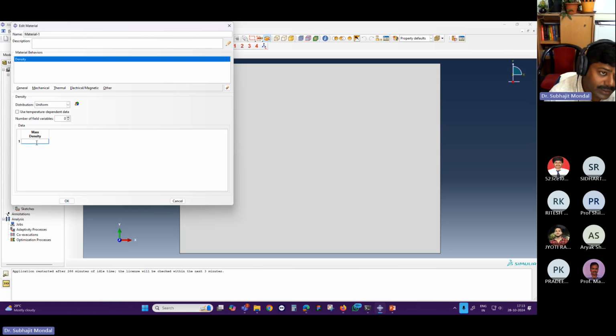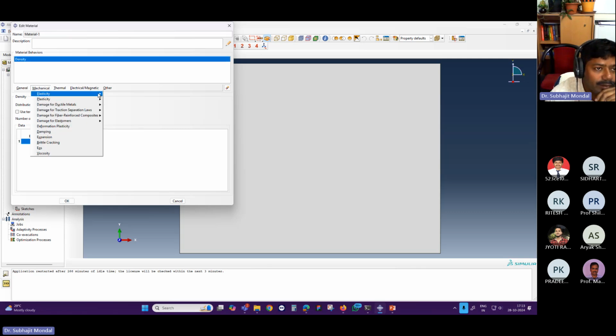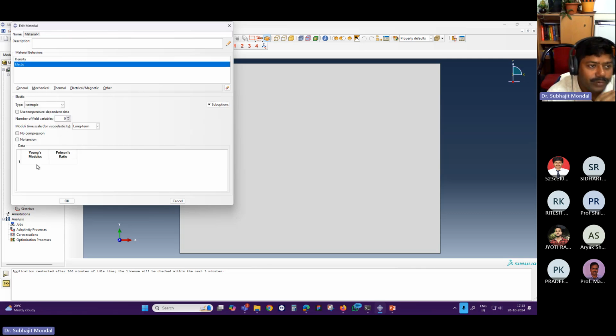What density can we give? Just approximately 1300 kg per meter cube, and E we are providing as an approximate value, 30 GPa, 30 E9, and Poisson's ratio you can write 1.17.